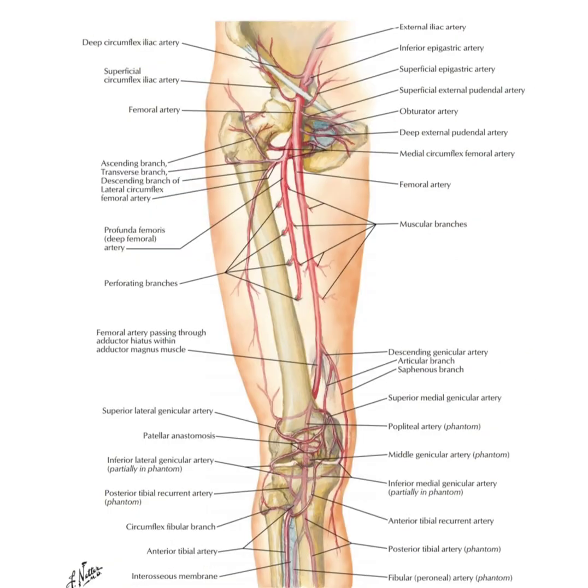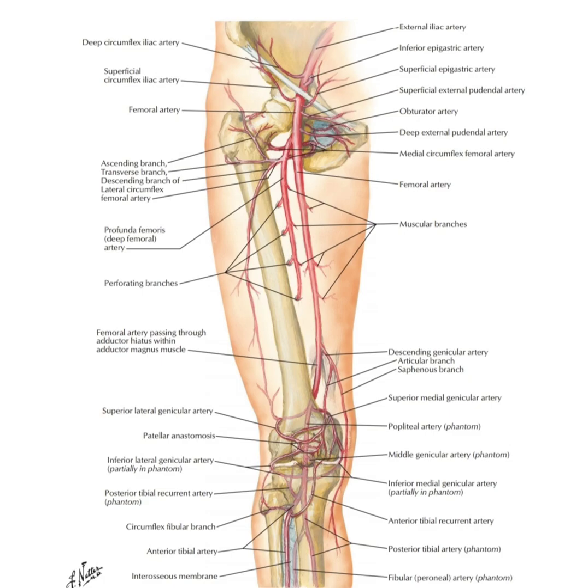The femoral artery descends downward and it gives the profunda femoris artery. This profunda femoris artery again gives two important branches: one is the medial circumflex femoral artery and another one is the lateral circumflex femoral artery.